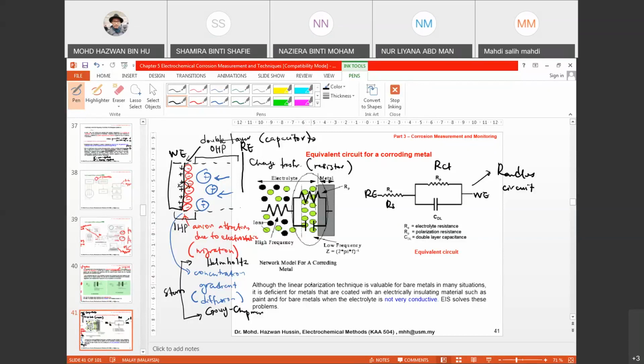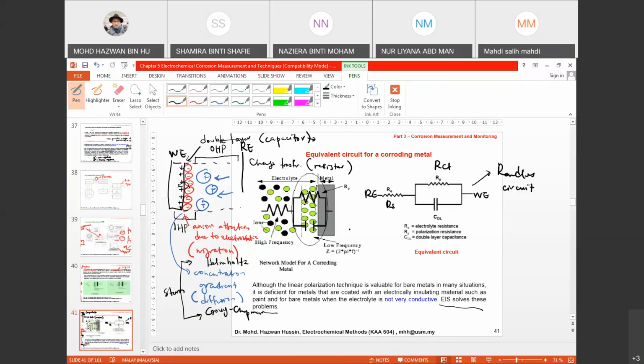Okay. Although the linear polarization technique is valuable for bare metal in many situations, it is deficient for metals that are coated with electrically insulating materials such as paint, or for bare metals when the electrolyte is not very conductive. EIS solved this problem. So this is actually what I told you earlier.